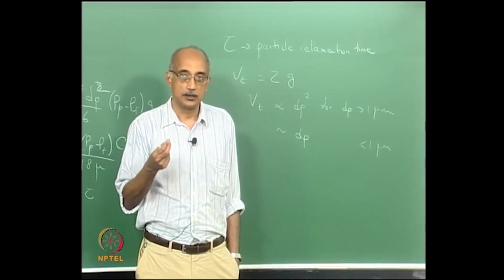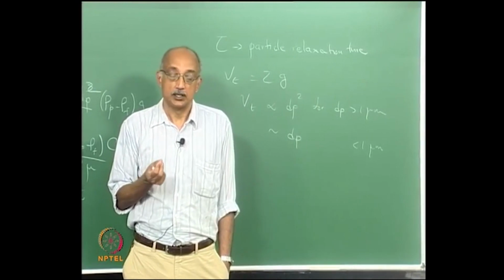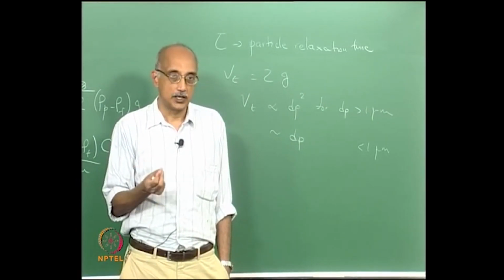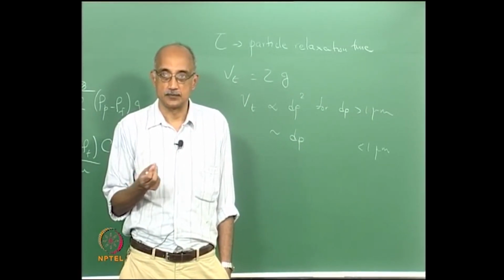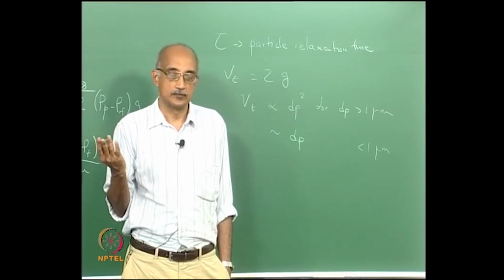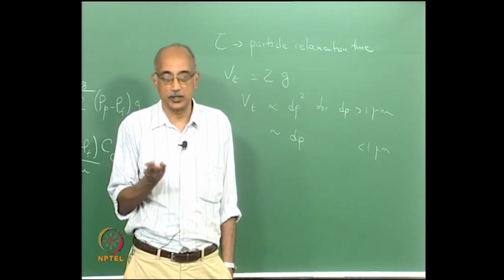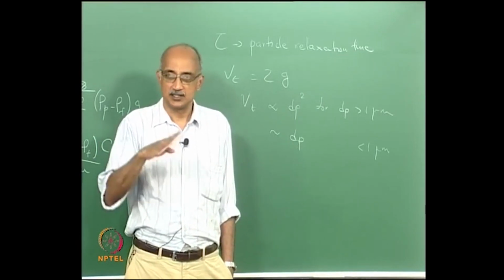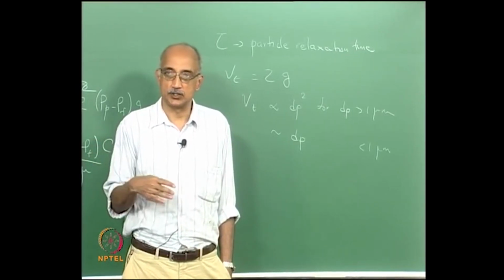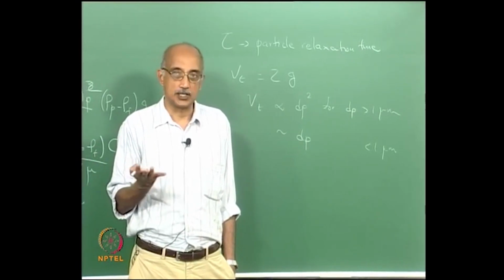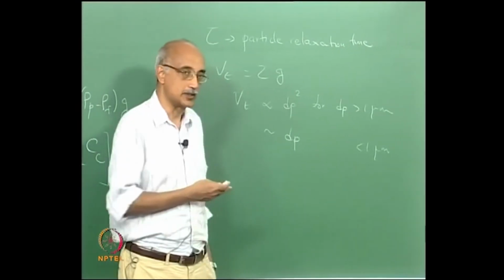So, for nano sized particles, in principle, the settling velocity is independent of particle size. It is just like molecules, right? Do molecules settle? Does the settling time for molecules depend on their size? No, because they are just kind of randomly moving around. So, there is no size dependence per se, right, and that is exactly what happens.